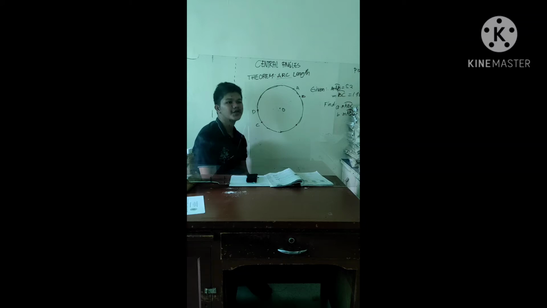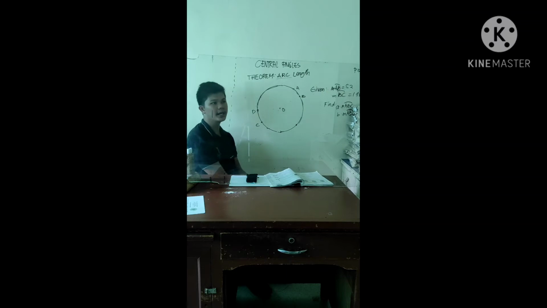Okay, so we have the circle O. So given na si measure of your arc AB is equal to 52, and your measure of your arc BC is equal to 148.